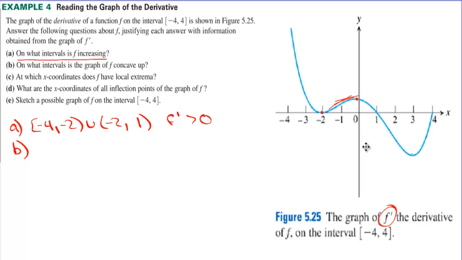Then that doesn't happen again until we get to 3. Now the slopes of these tangent lines are all positive. So we know that the original function is concave up from negative 2 to 0 and also 3 to 4. And does it look like 4 is at 0? Yeah, it does. I can include it because we're looking at slopes of tangent lines. So 3 to 4.